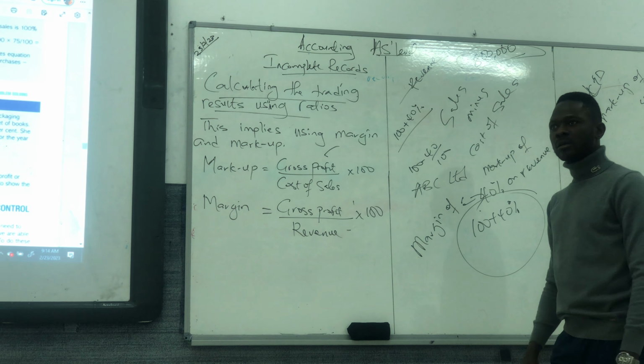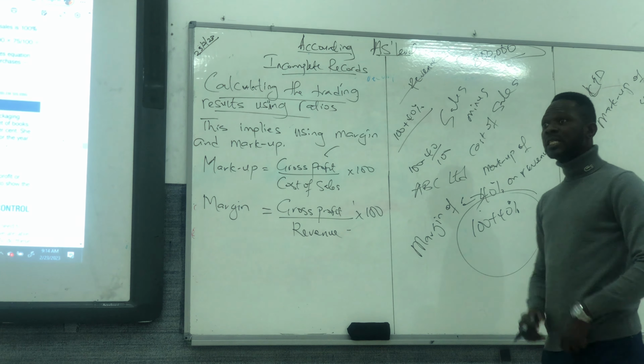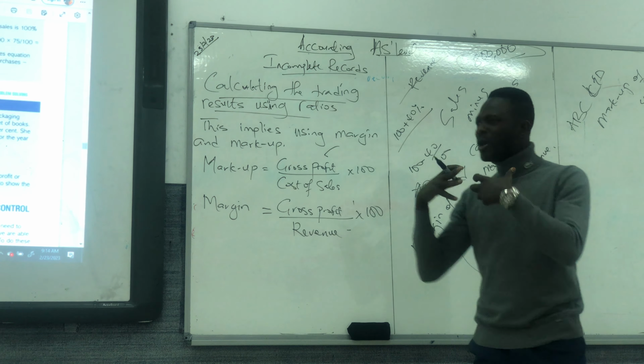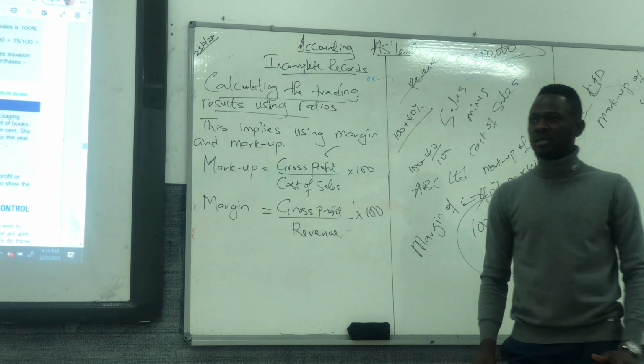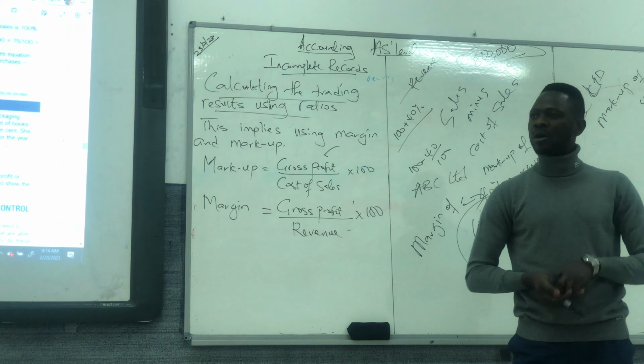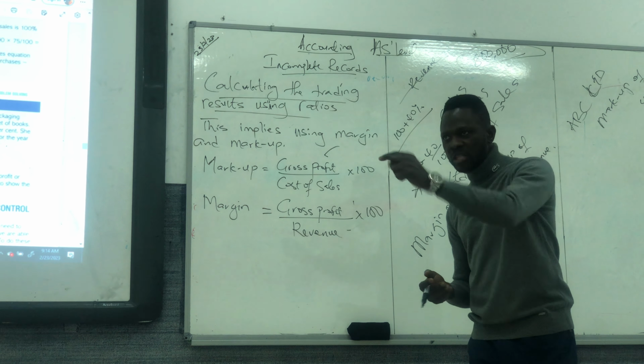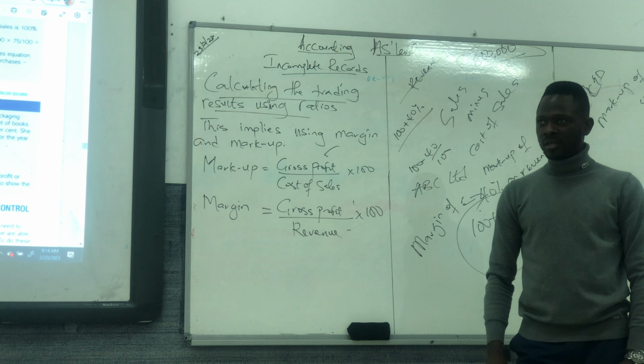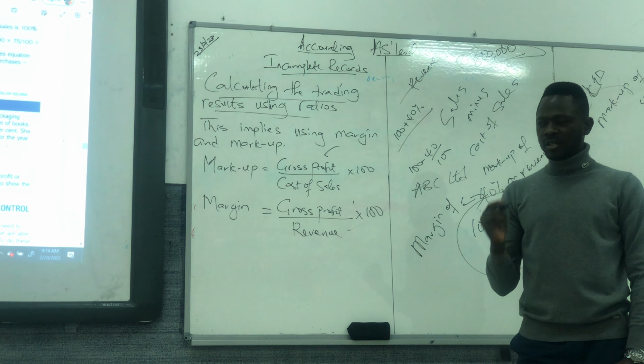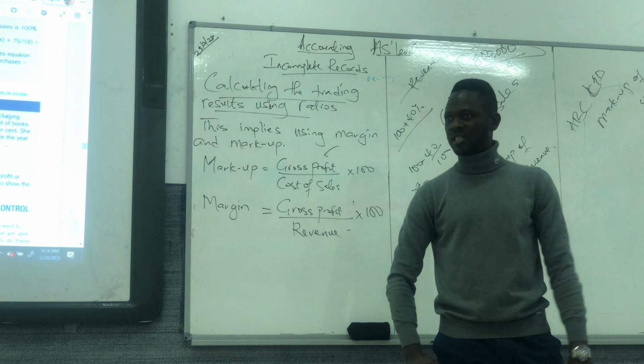How are you using markup on revenue? It's a prediction. You are estimating what your revenue will be. That's why we call it markup. It's an estimate. You are predicting that our revenue should increase by 40% this year.